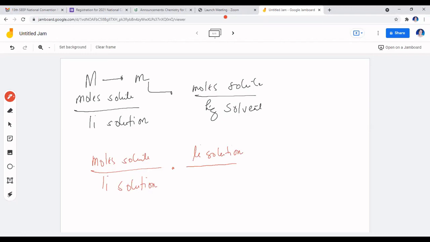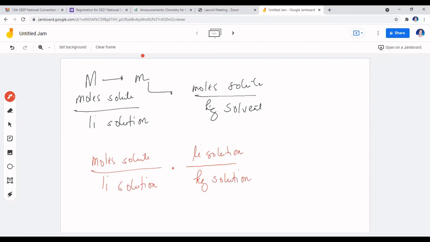By the way, when you use liter of solution, your density will be kilogram per liter, because if it's grams, that would be per mL. So this is kilogram solution.